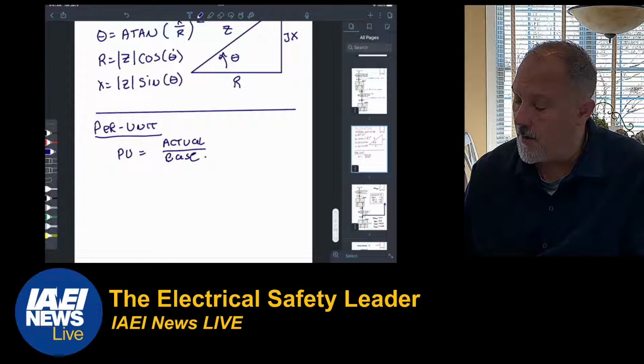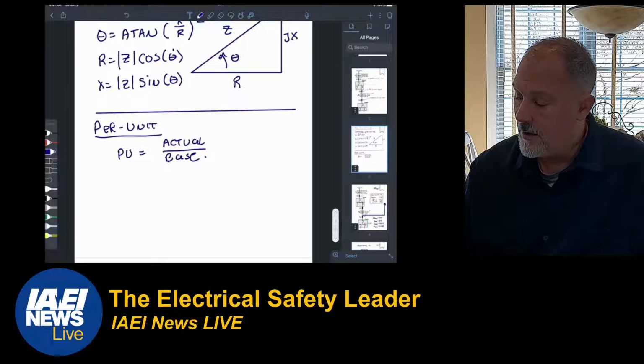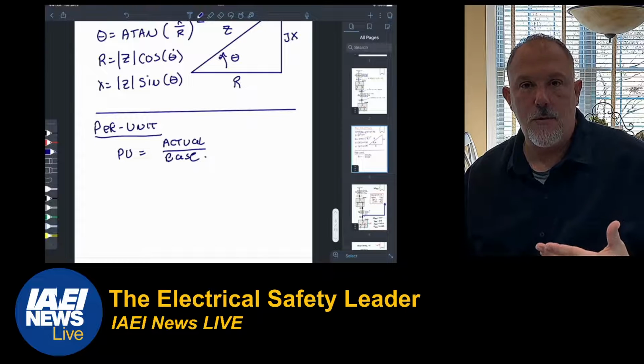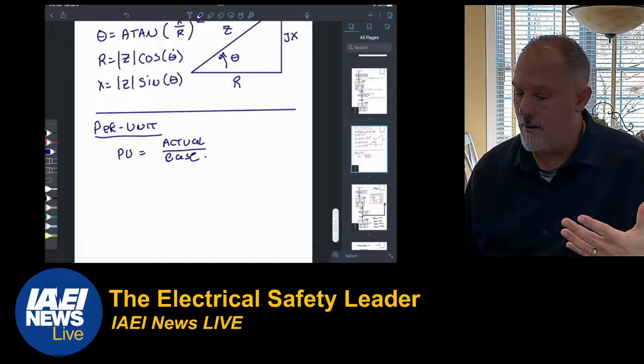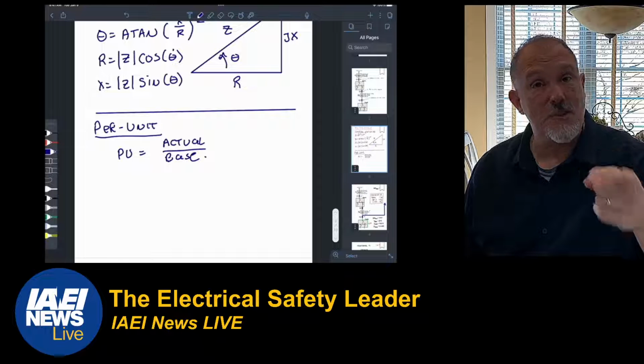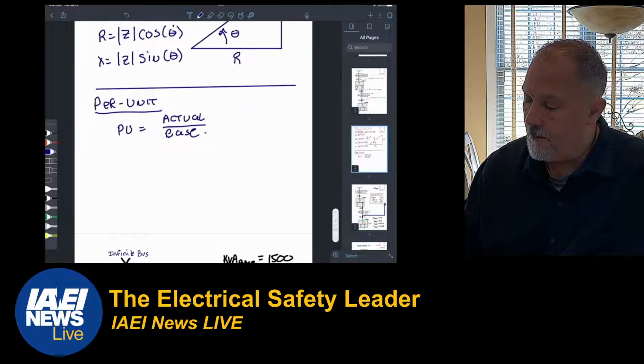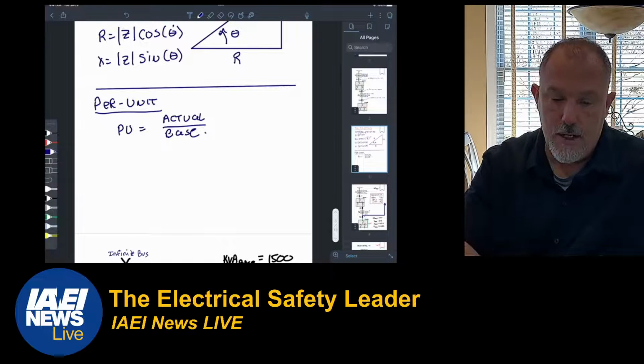You've got to know all of your base values, but it's a percentage. So if I had I actual over I base, that is my per unit, multiply that by 100%, then I've got a percentage, just like you see on transformers.